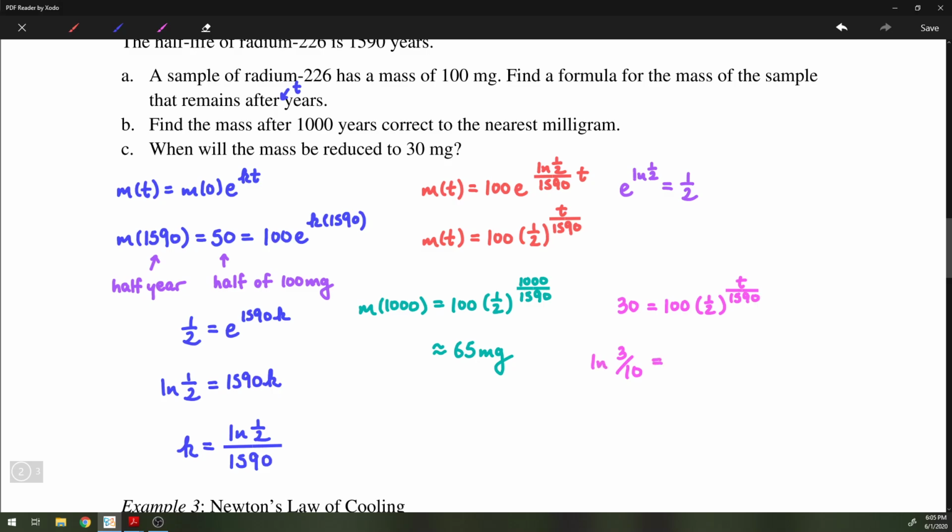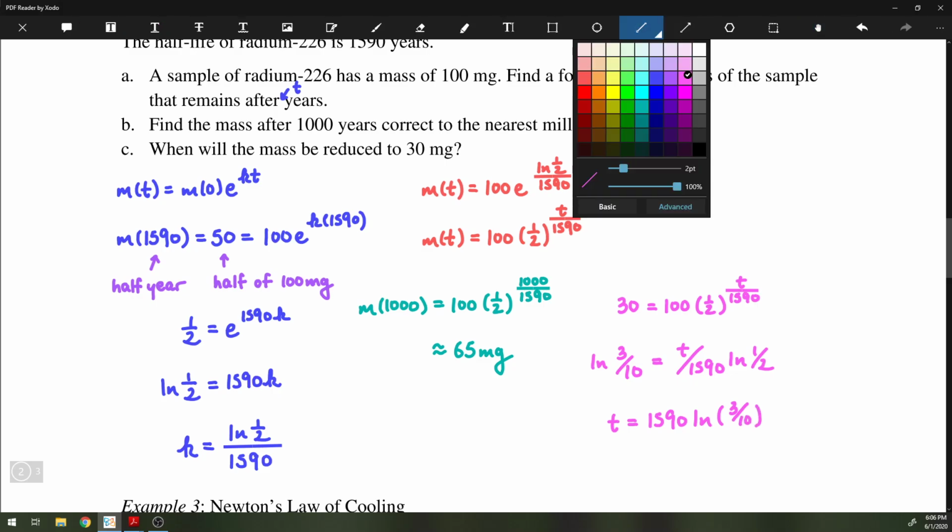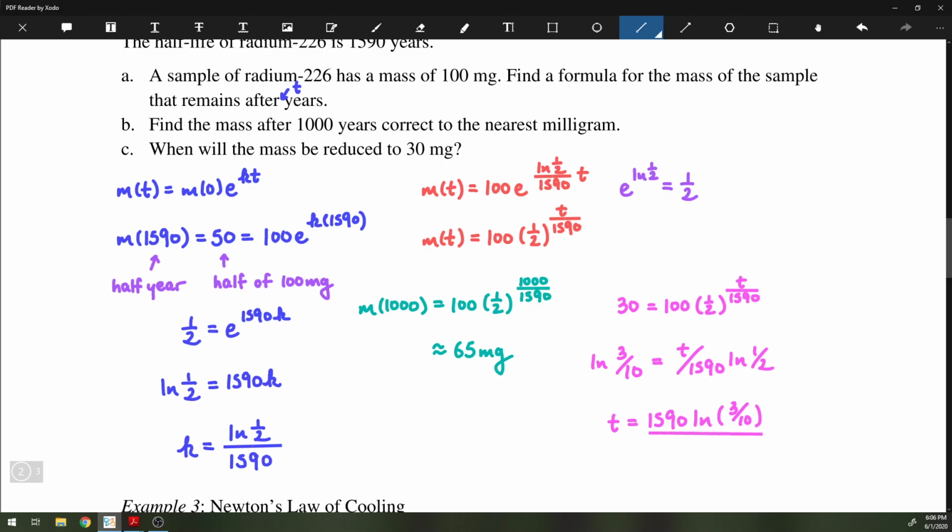So we'll get t over 1590 times ln 1/2 on the right-hand side. And if you were to further isolate, you get t is equal to 1590 times ln 3/10 all over ln 1/2.